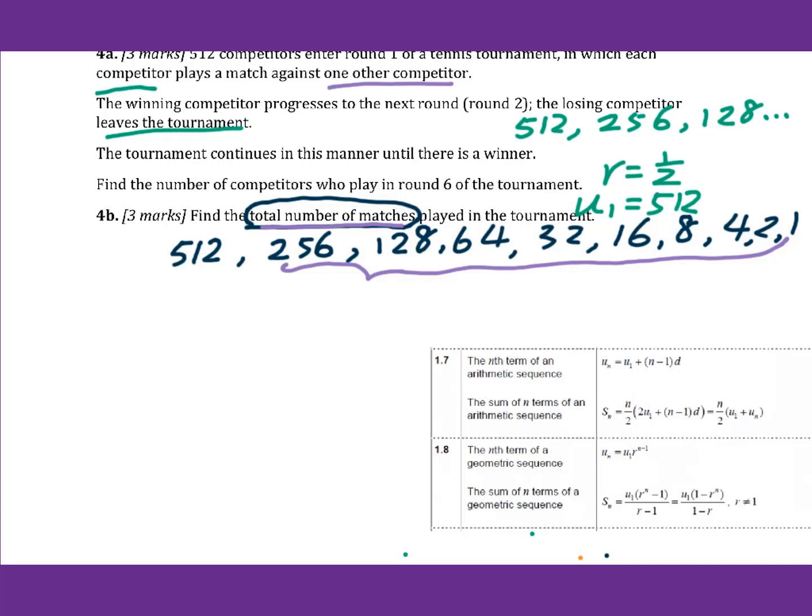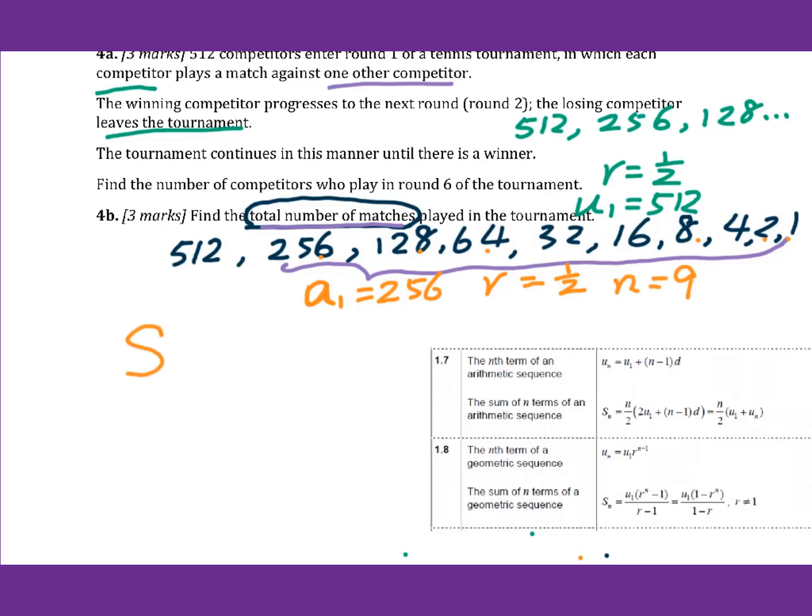Therefore, you will have another new geometric sequence. This time, let's use u sub 1 equals 256, r equals 1/2. How many terms do you have? 1, 2, 3, 4, 5, 6, 7, 8, 9. So n equals 9.